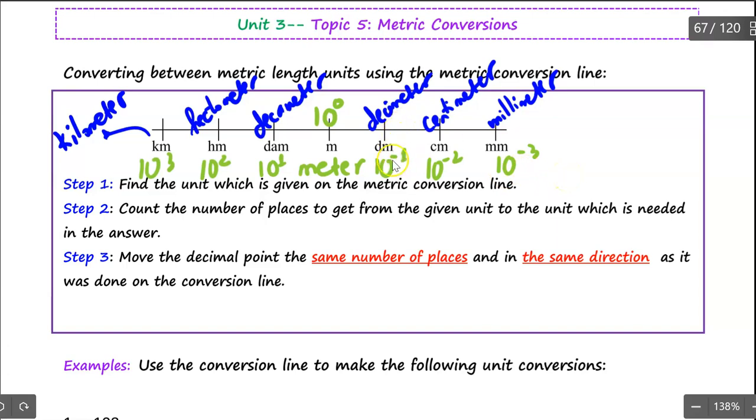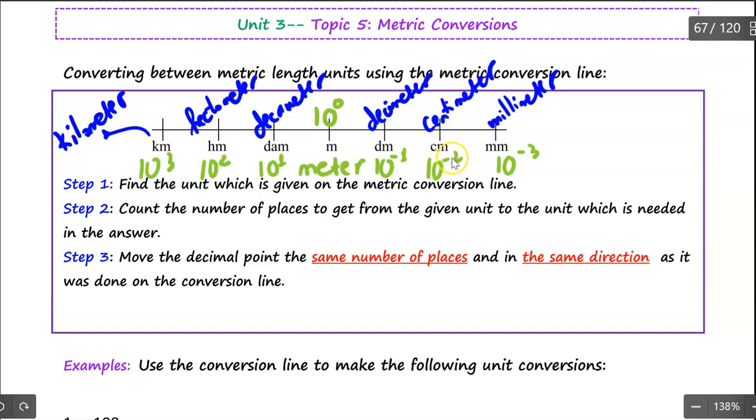So the negative 1 here representing 1 decimal place, negative 2 here representing 2 decimal places, and for 10 to the exponent negative 3, the negative 3 represents 3 decimal places. Alright, so you notice that here is deci, 1 space between meter and deci, but you are making it smaller. Okay, so therefore you have a negative 1.